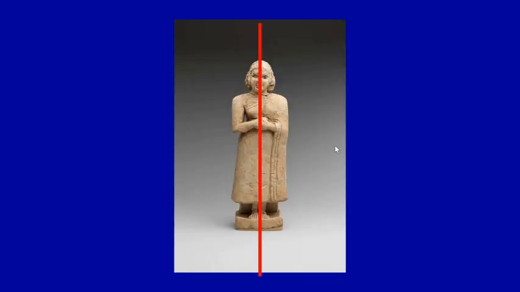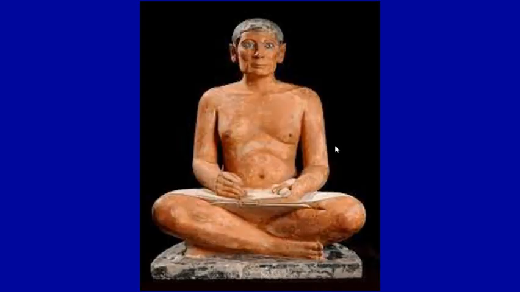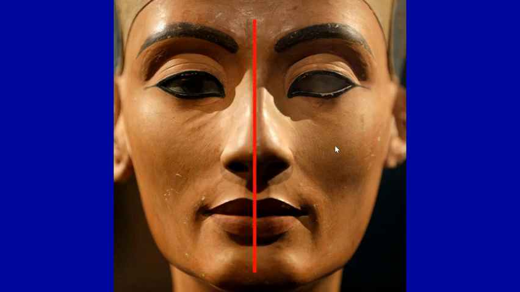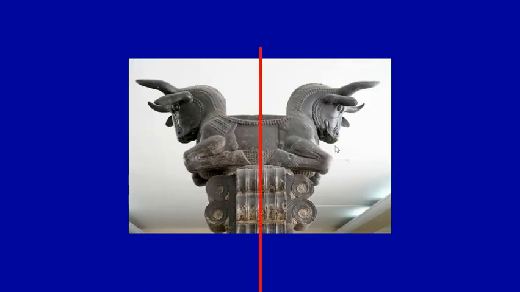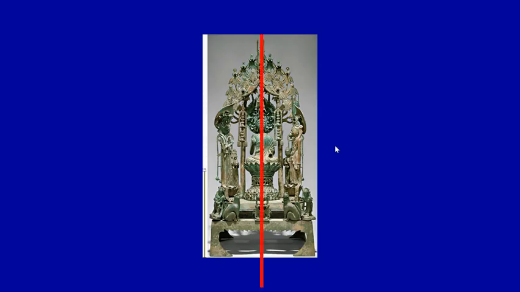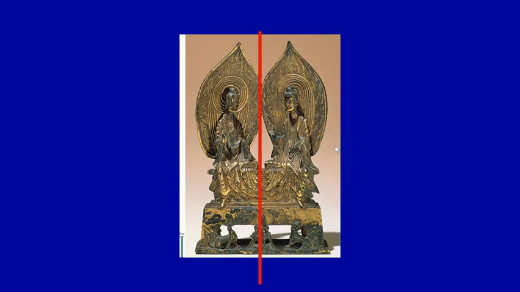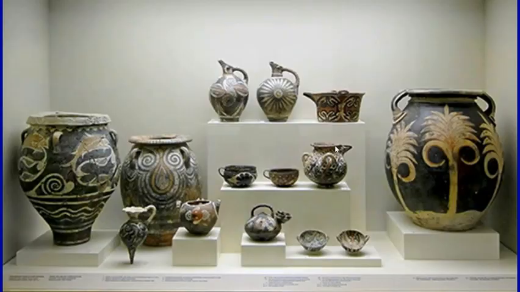That is symmetry. Now this one is quite asymmetrical in the clothes, like the robe goes around on one side but not the other. But in almost all of the artworks that we come across in the first semester, they are symmetrical, both Eastern and Western.